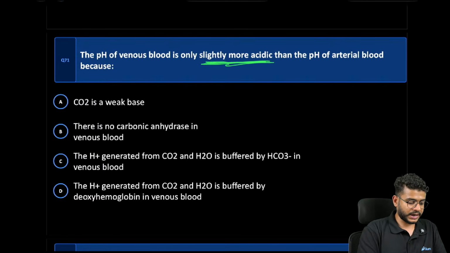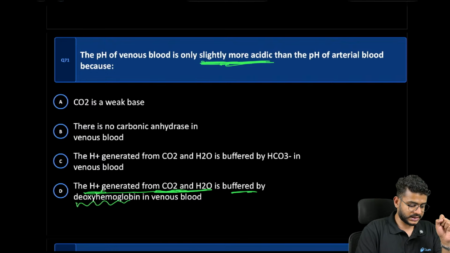So they asked why there is only a slight change: because the hydrogen ions are being buffered by the deoxyhemoglobin. The hydrogen generated from the CO2 and H2O is buffered by the deoxyhemoglobin in the venous blood. That is the correct option.